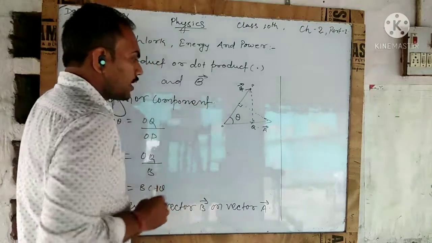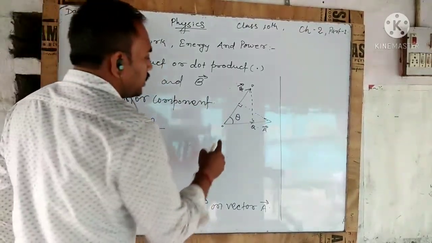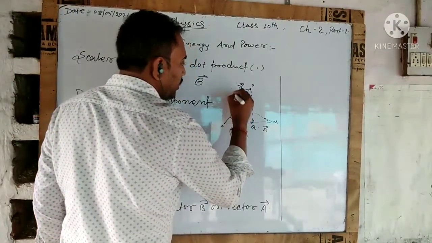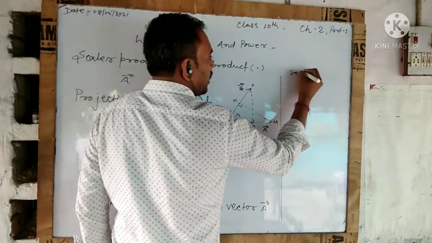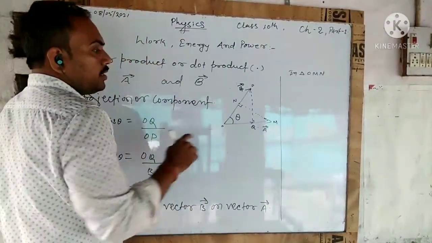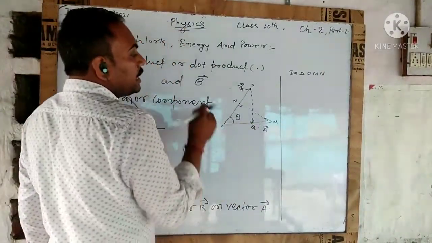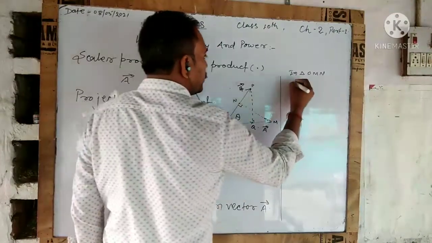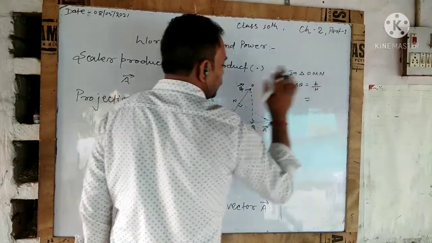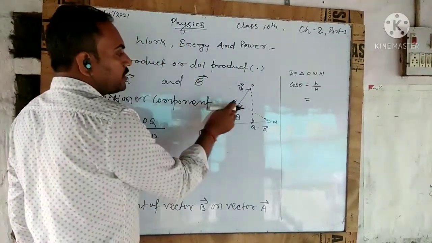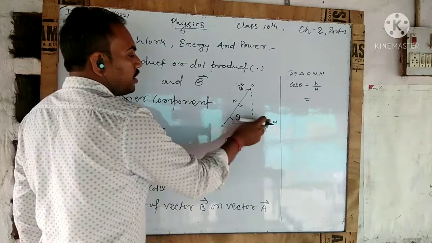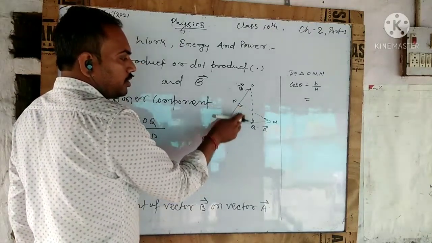Again you should understand. Let's say this is triangle OMN. In triangle OMN, again cos theta is equal to base upon hypotenuse. The base is the side adjacent to theta, and the hypotenuse is the longest side, opposite to the perpendicular.